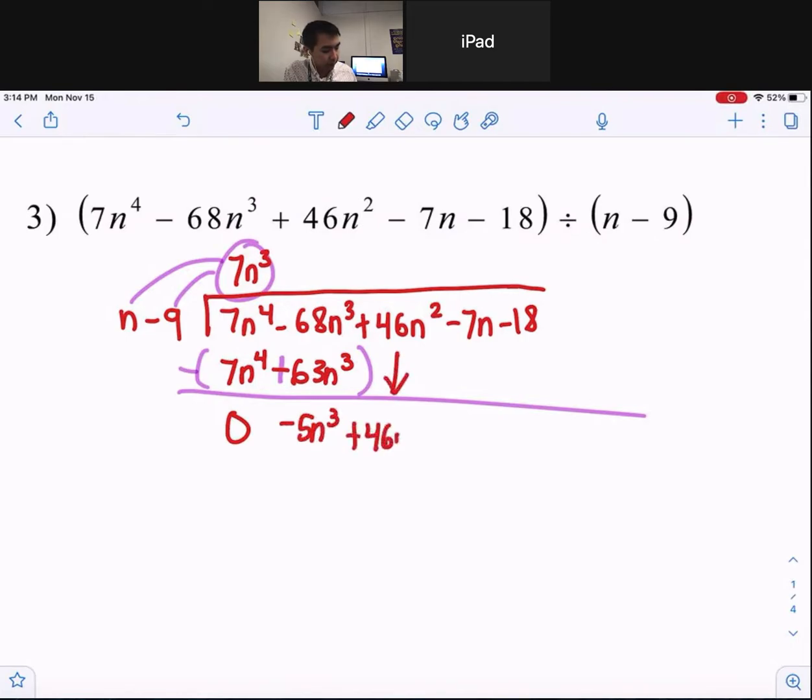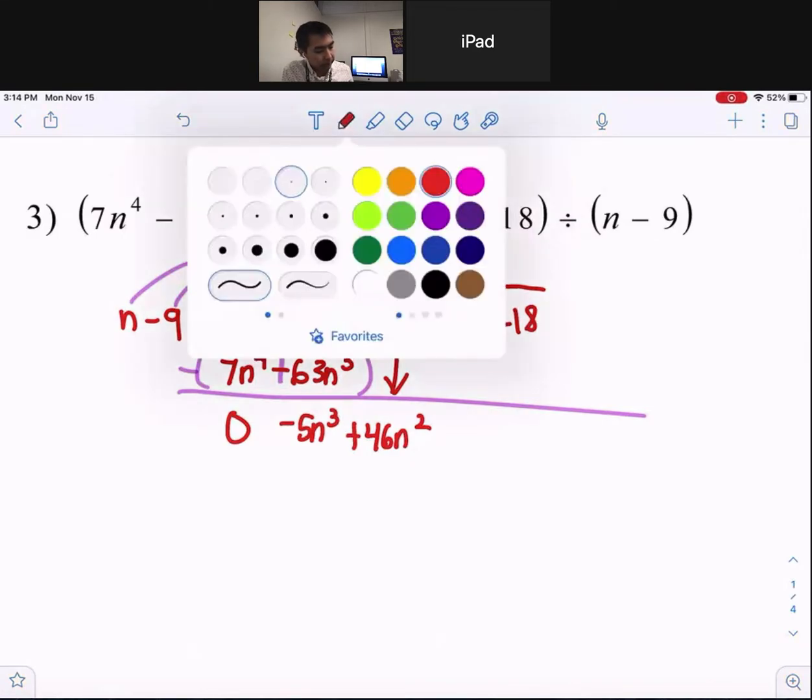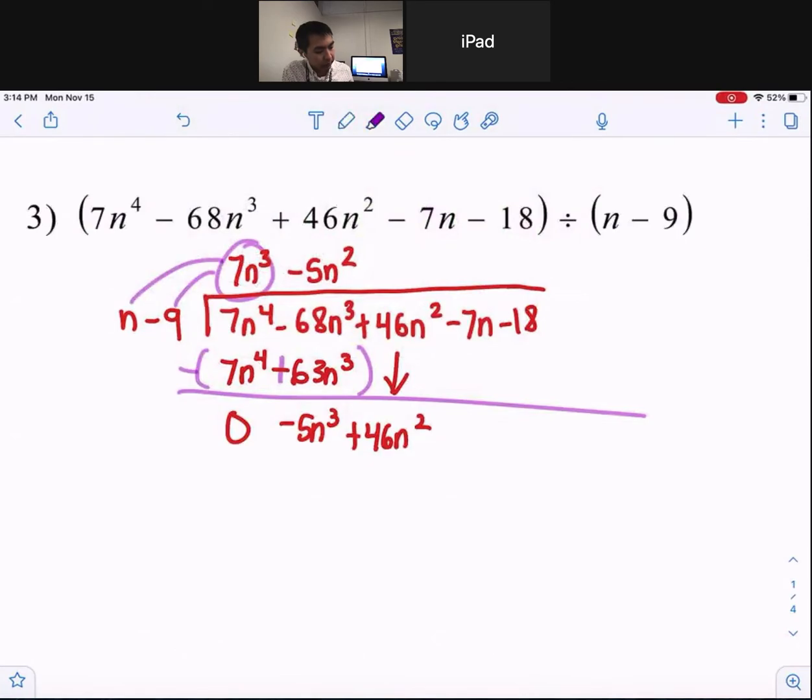Drop down the 46n squared, and again, same process. N times what will give you negative 5n to the third? Negative 5n squared. And then distribute this negative 5n squared to both.